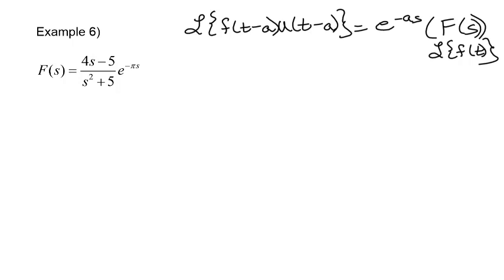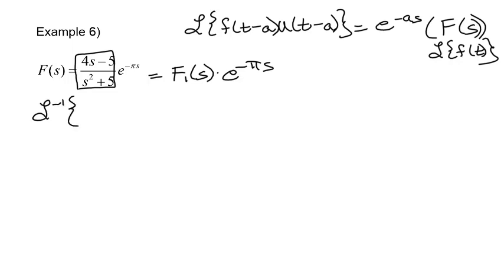All right, now remember, we're trying to go backwards. So what we have here is a function of s right here. I'm going to call that cap F sub 1 of s times e to the negative pi s. And according to the rule, using the rule backwards, the inverse Laplace of this, of that function of s, the original cap F of s function, is going to be equal to little f sub 1, because we subscripted this thing, this little f sub 1 of t minus a.